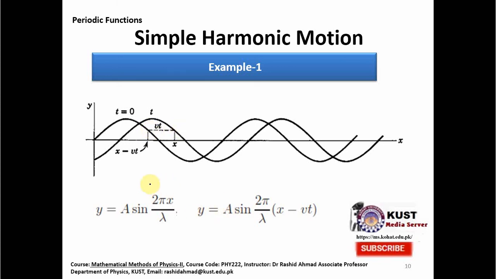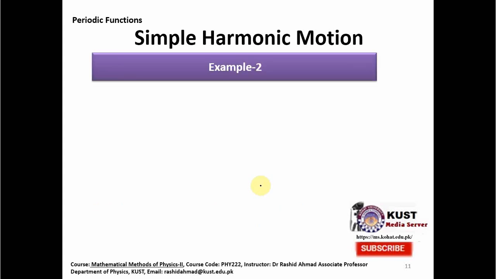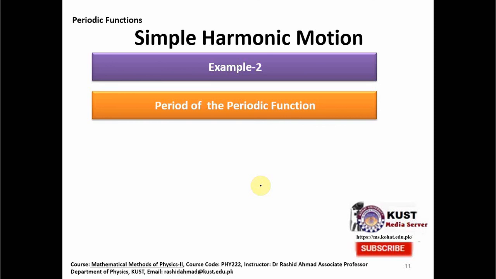So these two give you the same value. It means that x subtracted with vt produces the same thing, so it's a kind of periodic function.